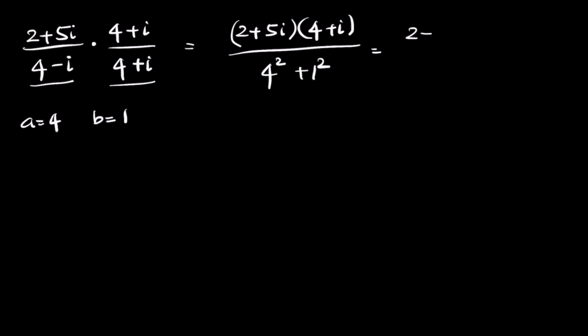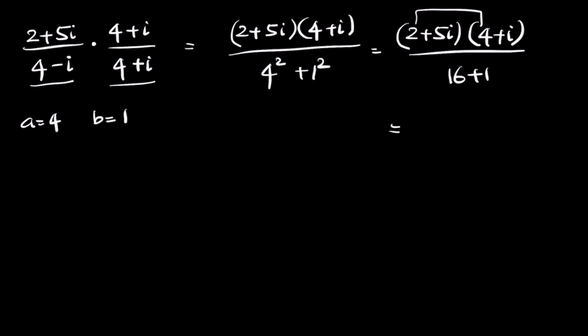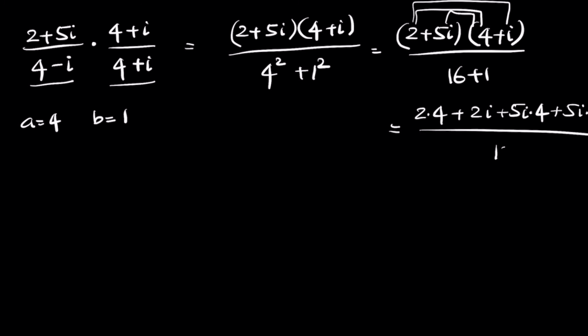So that becomes 2 plus 5i times 4 plus i over 4 square plus 1 square, which is 16 plus 1. So 16 plus 1 is 17. Now try to multiply the top part. So first is 2 into 4, plus outer terms are 2 into i, 2i, plus 5i into 4, so 5i into 4, plus 5i into i, over 17.